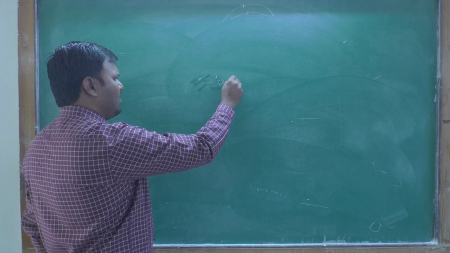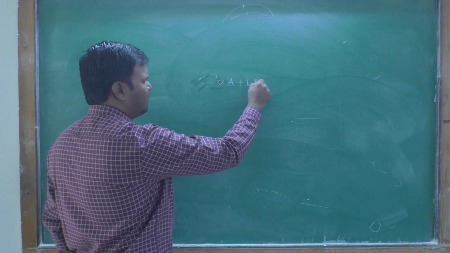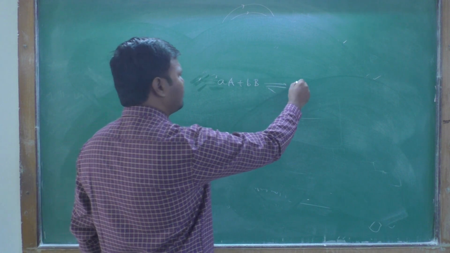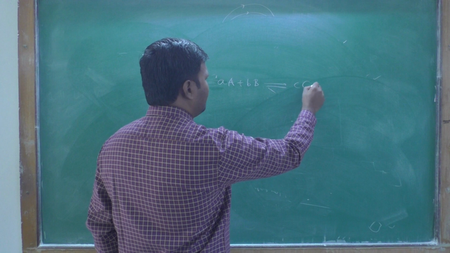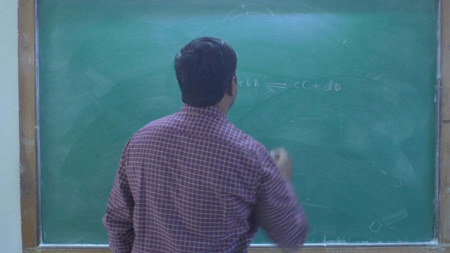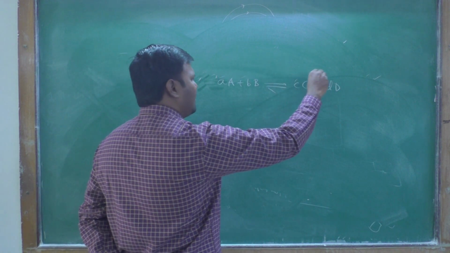Suppose we have a regular example, that is A plus B gives C plus D. A, B, C, D are the stoichiometric quantities, the moles, as we have previously explained.